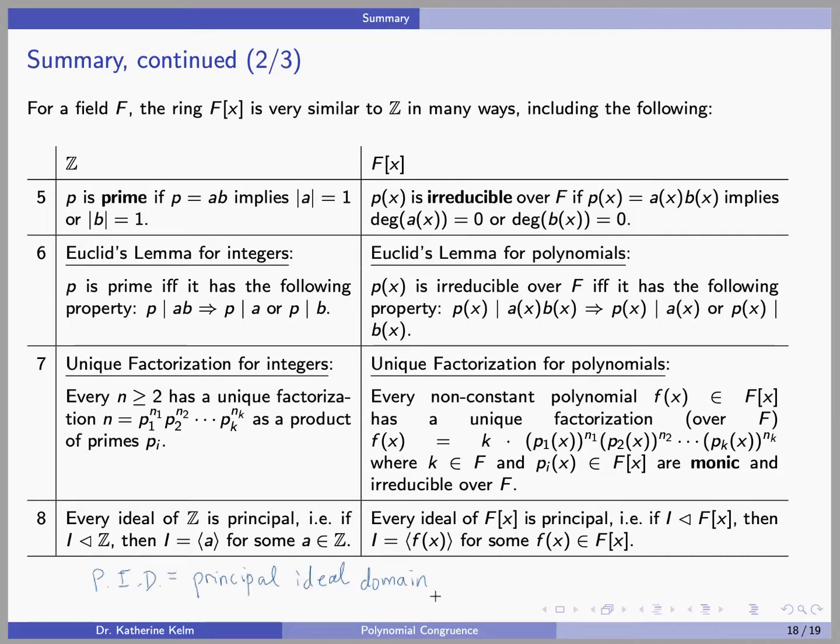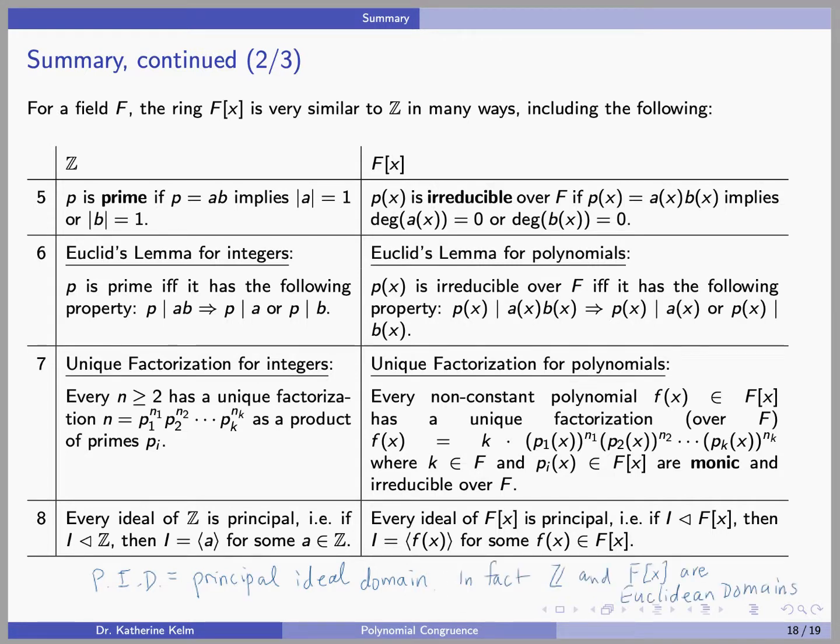In fact, as it turns out, a subcategory of PIDs is the category of Euclidean domains. A Euclidean domain is a PID for which we can execute a Euclidean algorithm. And it turns out that Z and polynomial rings are Euclidean domains.